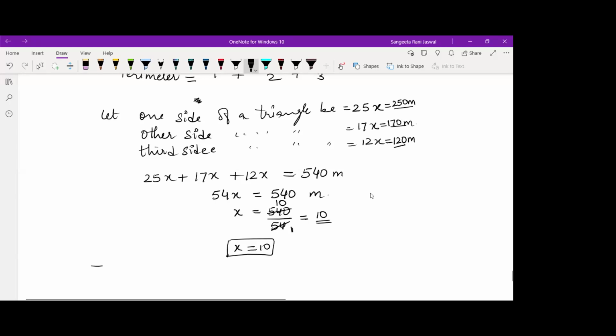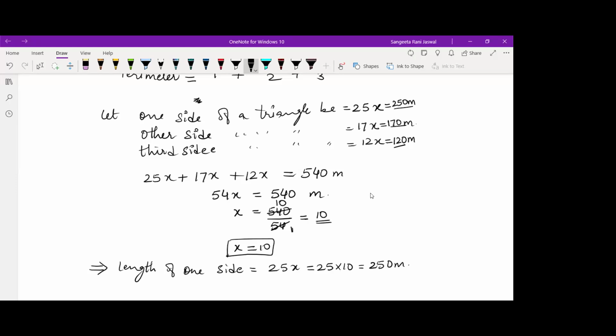So this implies that length of one side is equal to 25x, which is equal to 25 into 10, which is equal to 250 meters.